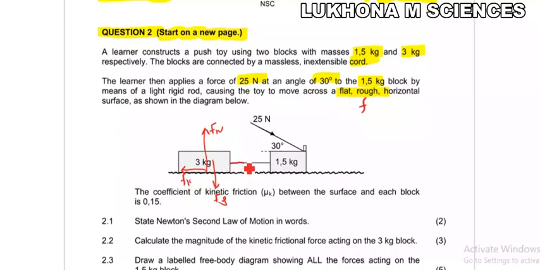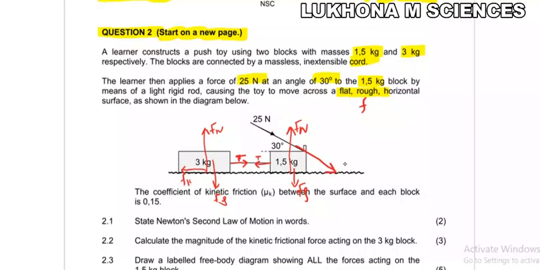You also have the forward force, which is the tension on the cord. We also have a tension that pulls the 1,5 kg. Then we have the normal force here, the weight, and then the force that is applied.